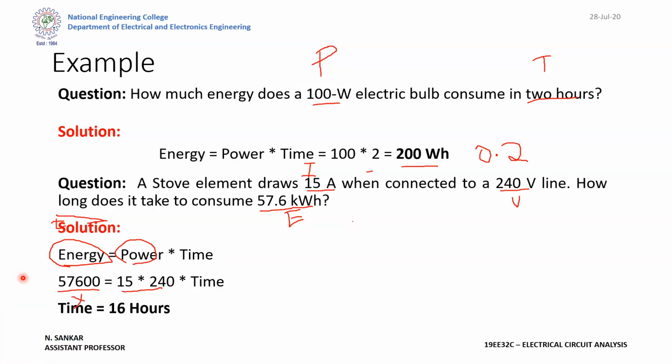These are simple examples just to understand the basic logic or basic formula of what is power, energy and all. Next one, elements. If you take any network, for example a torchlight, we simply have 3 elements. One is your battery, the next one is your lamp, and the third one is your switch.